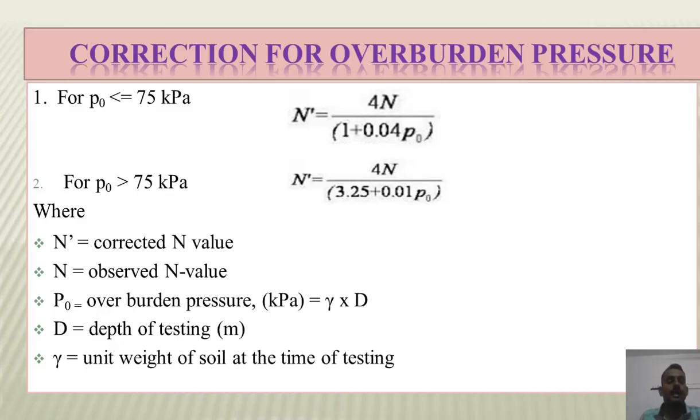Overburden pressure can be calculated by multiplying the unit weight of soil by the depth of the soil profile which is to be considered, where D is the depth of testing. Gamma is the unit weight of soil at the time of testing.